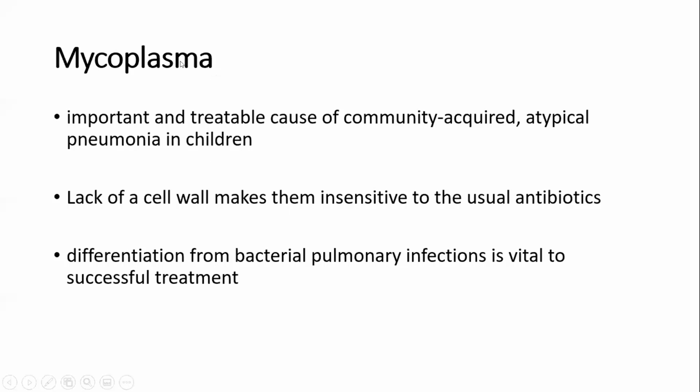Another common condition clinicians are worried about is Mycoplasma pneumonia. It's an important treatable cause of community-acquired pneumonia, and because it lacks a cell wall, it is insensitive to the normal antibiotics.